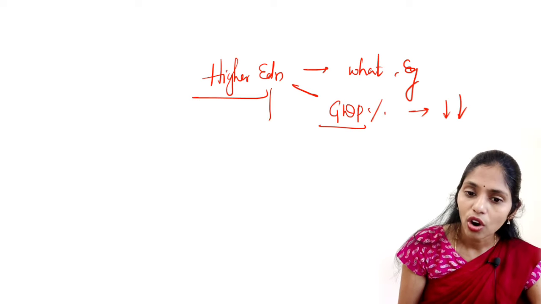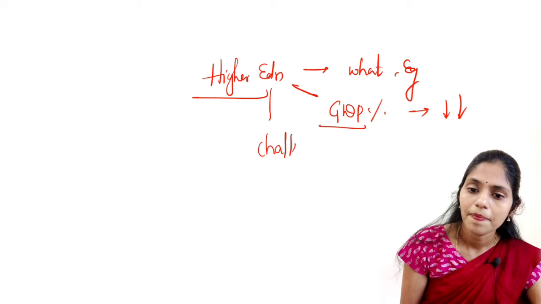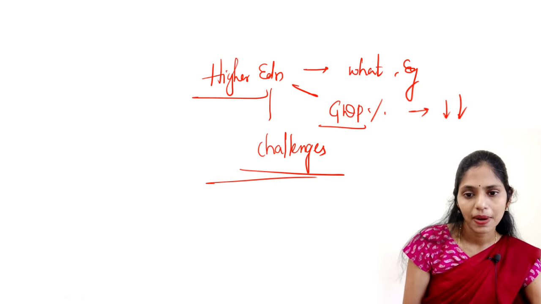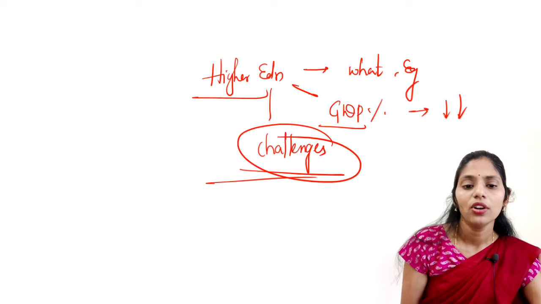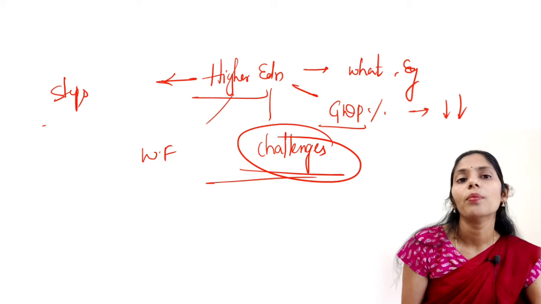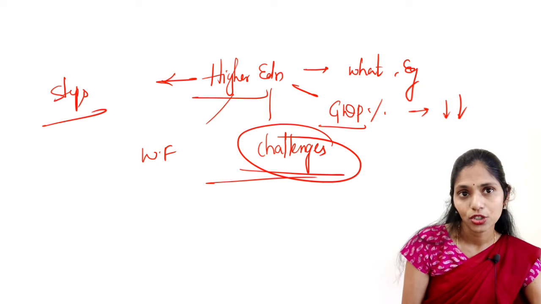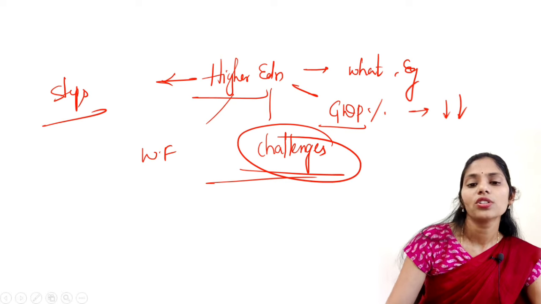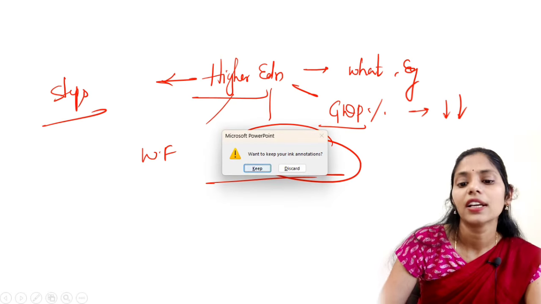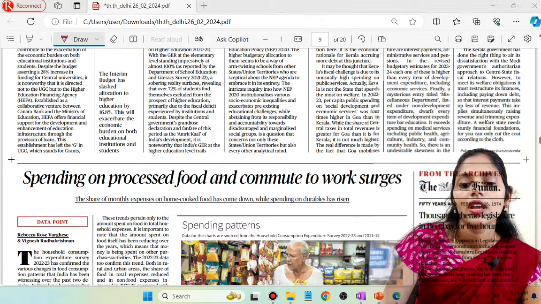You have to see what challenges are faced by higher education, and what is the way forward. You can even see what steps have been taken by the government to promote higher education in India. So these are some important dimensions that you have to see from this article's point of view.